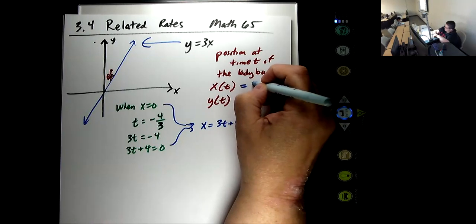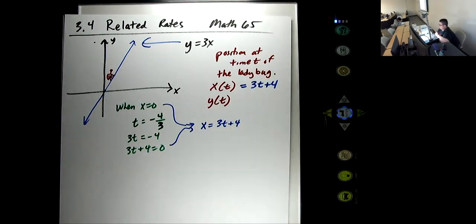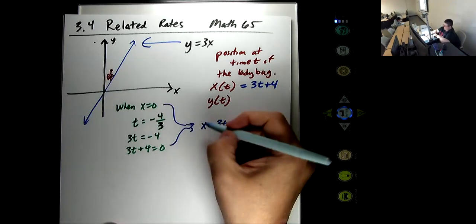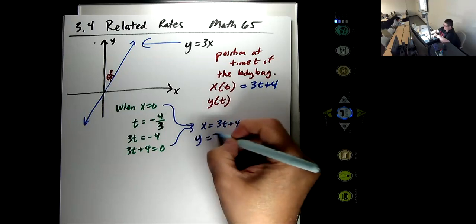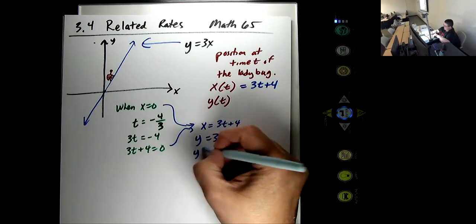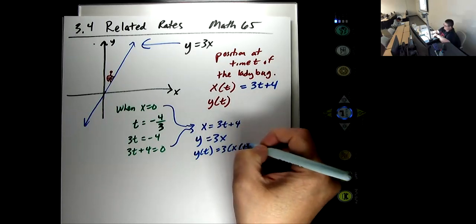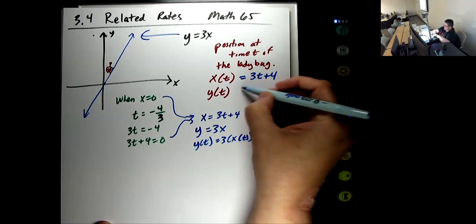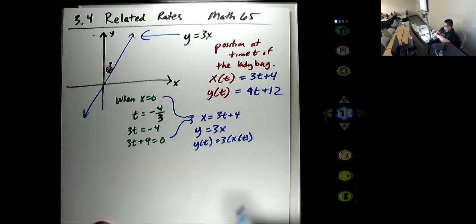So that's my function or position of x as it relates to time. Y of t is really going to be y of 3x. So when I do y of t, it's 3 times x of t. So y of t is going to give me 9t plus 12 when I multiply it by 3.